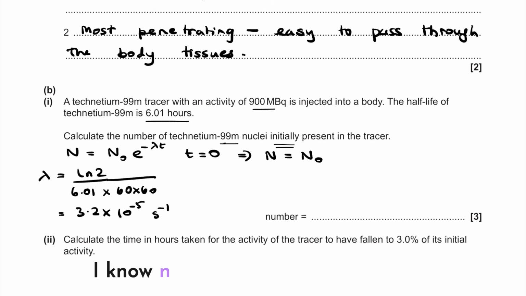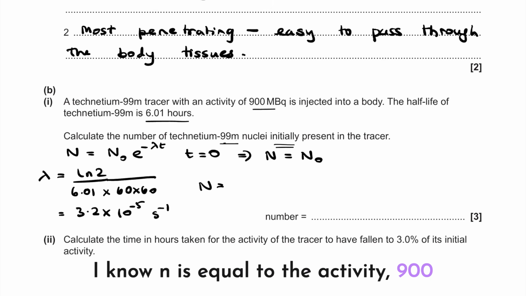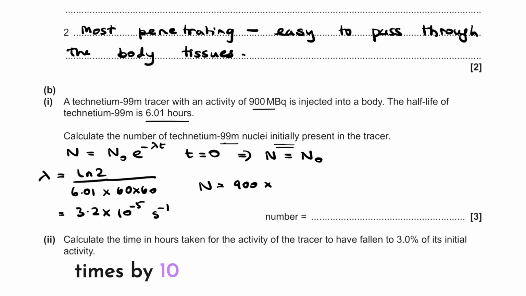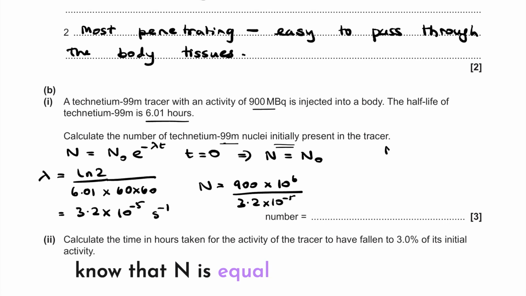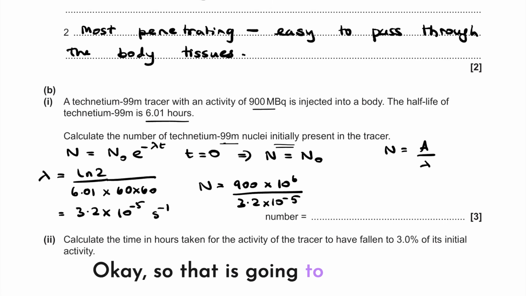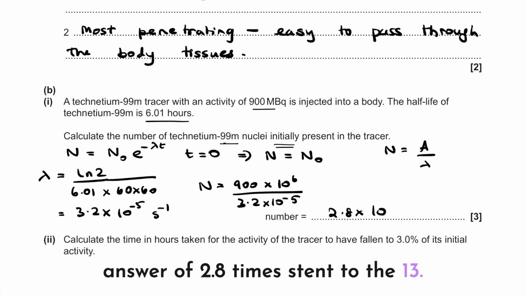I know N is equal to the activity, 900 times 10 to the 6 becquerels, divided by 3.2 times 10 to the minus 5, as I know that N is equal to A over lambda. So that is going to give me an answer of 2.8 times 10 to the 13.